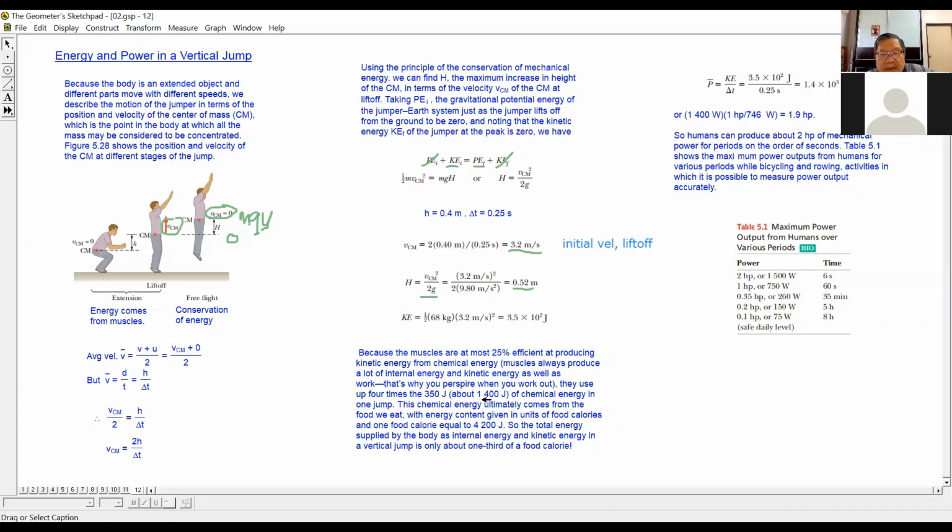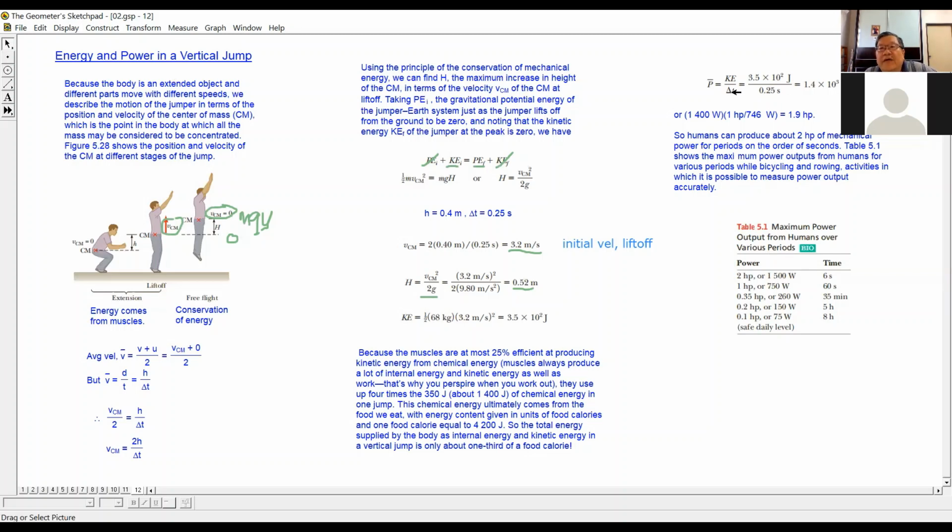So this is about one third, 0.3 calorie, right? Because if 1 calorie has 4,200 joule, then by jumping like that, he used up only 0.3 calorie of food. That's what they're trying to say. Okay, next.